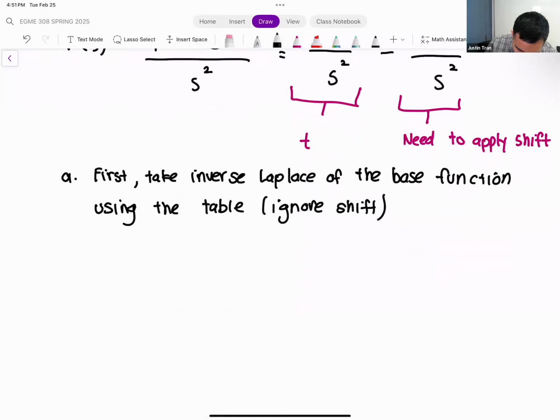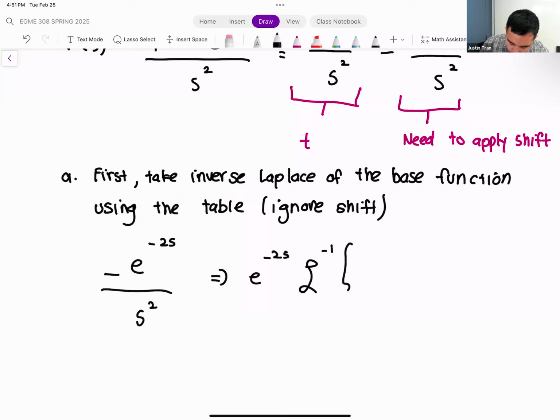So for this function, we have minus e to the minus 2s all over s squared. We can see that our base function here is minus 1 over s squared. So what I'm going to do is take e to the minus 2s, and I'm just going to ignore that for now. And then we're going to take the inverse Laplace of minus 1 over s squared.